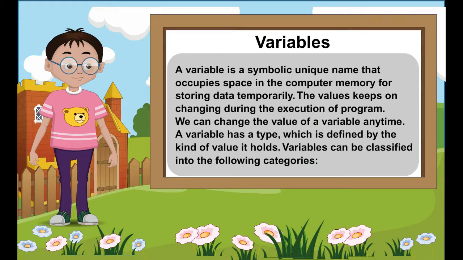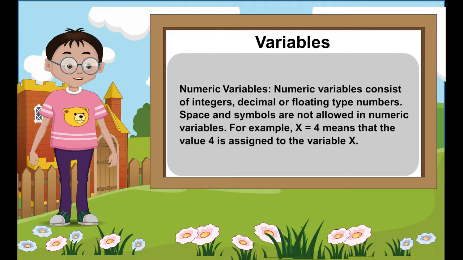Variables can be classified into the following categories. Numeric variables. Numeric variables consist of integers, decimal or floating type numbers. Space and symbols are not allowed in numeric variables. For example, x = 4 means that the value 4 is assigned to the variable x.